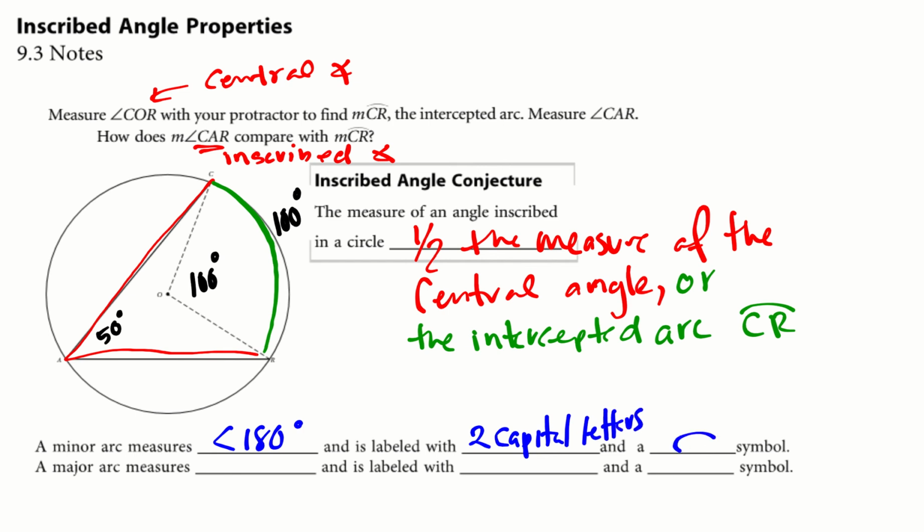So for example, a minor arc measures less than 180, arc CR would be labeled like that. Let's go on to the next one.